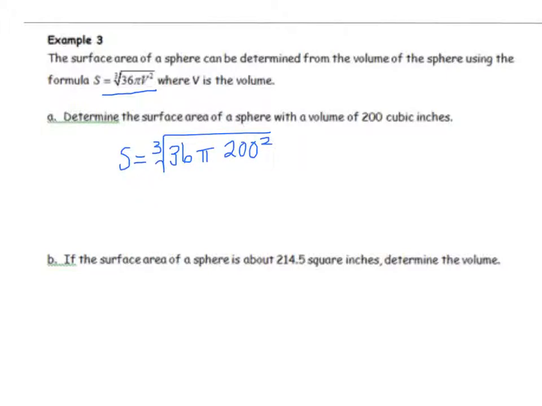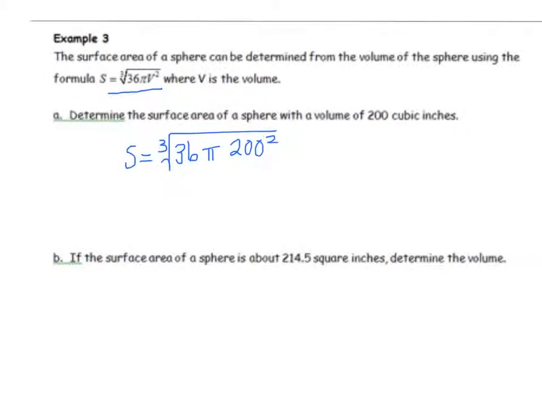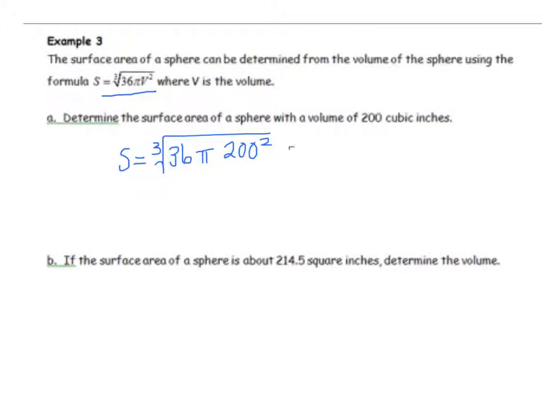When you put that into the calculator, and I'm going to show you in class how you put that into the calculator, basically there's a cube root function in the math part. When you put that in there, you're going to get 165.388, and that would be surface area, so we're looking at square inches.